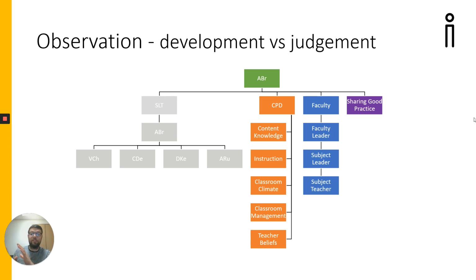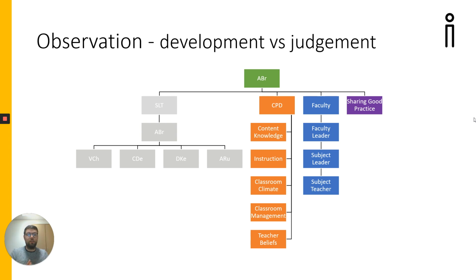And so whilst we want our SLT strand to stay, we've given more independence to our faculties to observe within the faculty. And this isn't just the faculty leader observing their teachers, the teachers observe the faculty leader. This isn't hierarchical. But what it does, it really develops a discussion around the subject as opposed to generic features which you tend to focus on if you aren't engaged in the subject discipline.